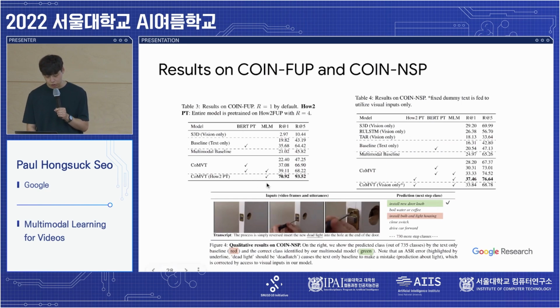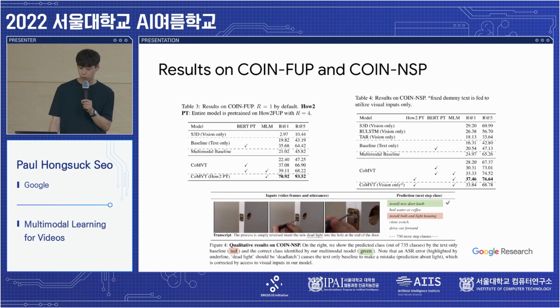But when we use the HowTo pre-trained model and then fine-tune on this task, we could obtain 71% recall at one. So it's quite high performance, and compared to the text-only baseline model, it was pretty much reliable.